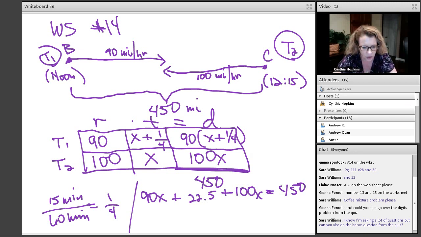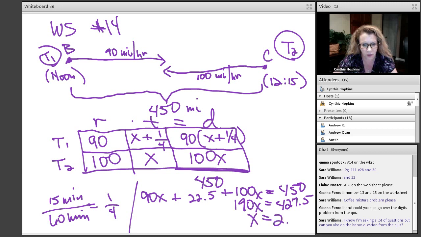All right, so I have 190x when I combine those terms, and then my 450 minus 22.5 is 427.5, and then I divide that by 190, and I get x equals 2.25.